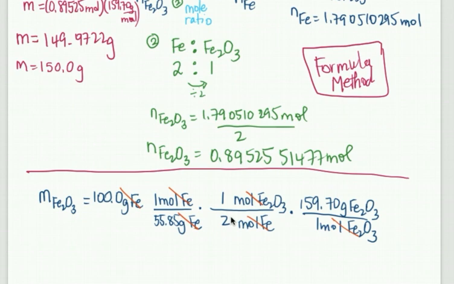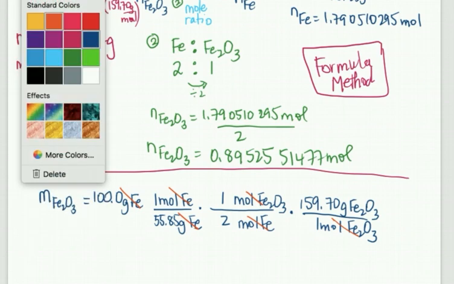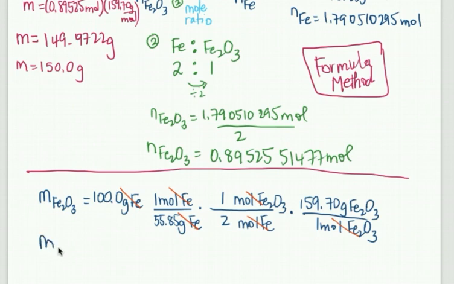I'm taking my 100 and multiplying it by 159.70, which gives 15,970, and then I can divide by all the stuff at the bottom, and I'm just putting it all in brackets here. Then you should end up with the same mass as the other method, so you end up with this mass here.